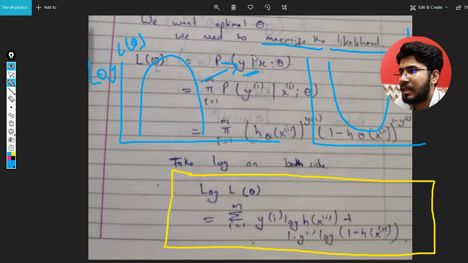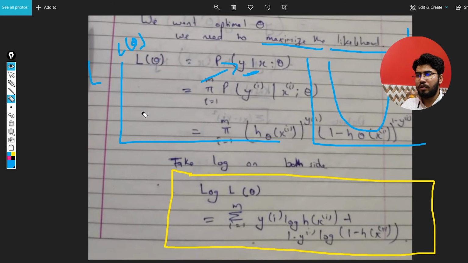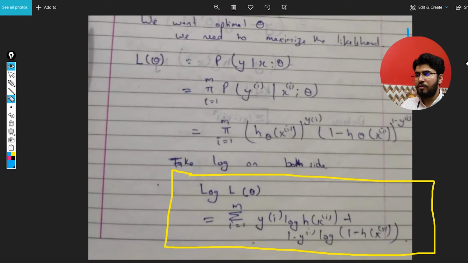Let me repeat myself. Instead of maximizing this, we can minimize the negative of this. So that is going to be the same, and in this case it is going to generate a graph like this.